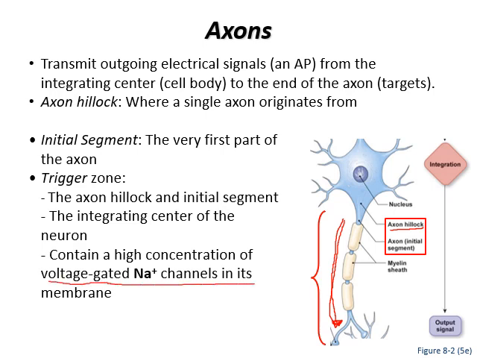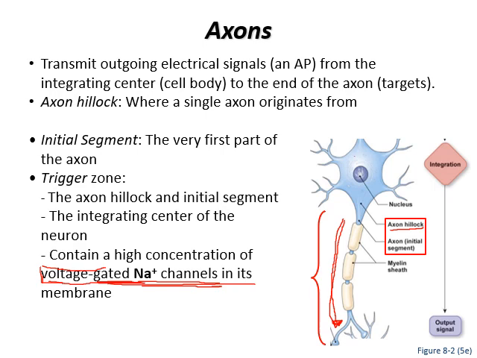They are in high concentration here. Just reminding you, channel. So what's going to go through there is sodium. But it is gated, meaning that it is not always open. So if it's closed, sodium cannot move in. But voltage, we will see there is a change in what we call membrane potential.